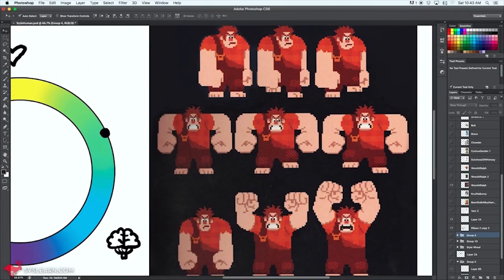So what they've done here with Wreck-It Ralph, and I'll zoom in, is you can see his eyes are just a square with another little square in there. The toes are just a couple of these little pixels together. But on a whole, you've got this nice, interesting shape. He's very square, he's very boxy, and that's telling us a lot about who this character is.